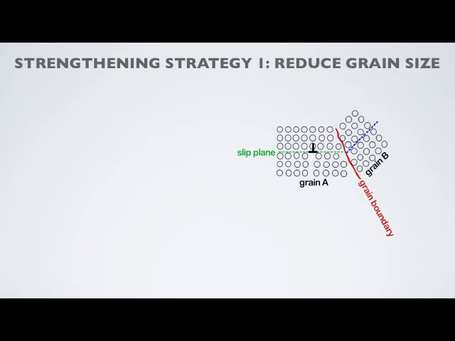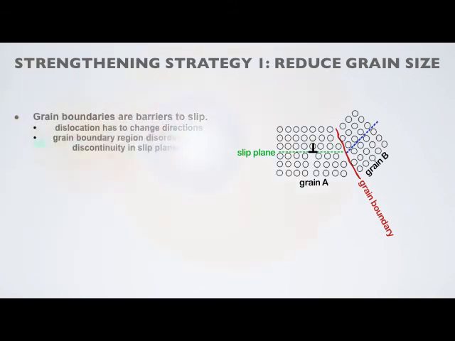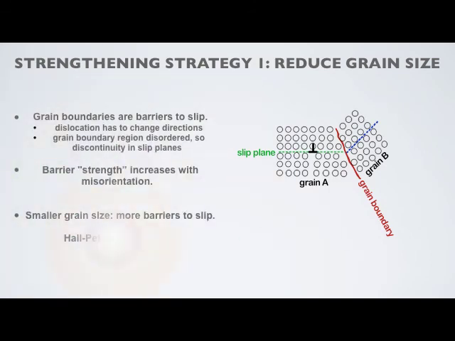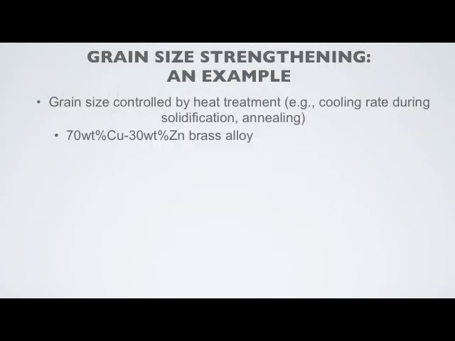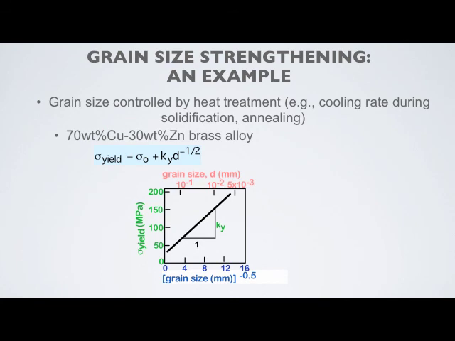But the more grain boundaries there are, the more difficult it is for the dislocations to move, hence the stronger the material. This is just to show how grain size affects the yield strength. The smaller the grain size, the larger the yield strength.